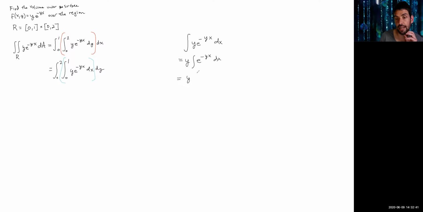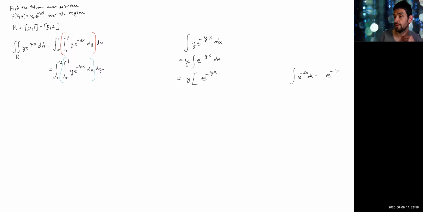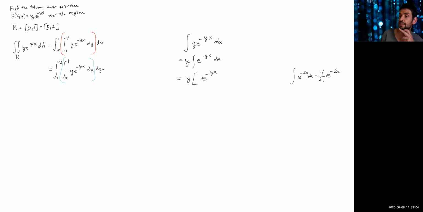What do we get? The antiderivative of an exponential is itself, but we have to think about the chain rule. Maybe it's even helpful to do something like this. We would have negative 2x, but we need a negative 1/2 as an antiderivative to counteract taking a derivative and having the chain rule pop out a negative 2.